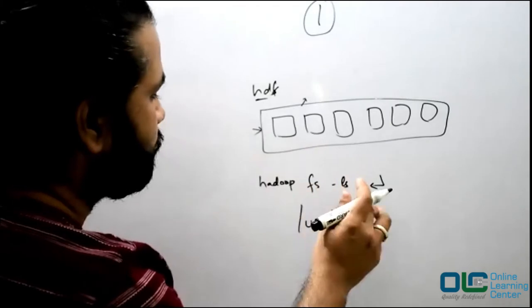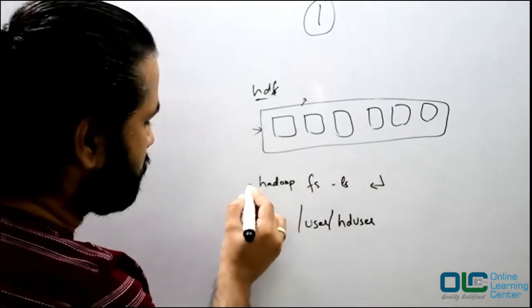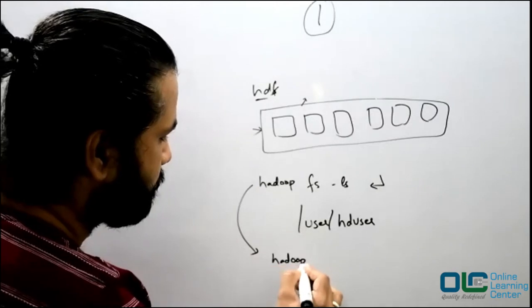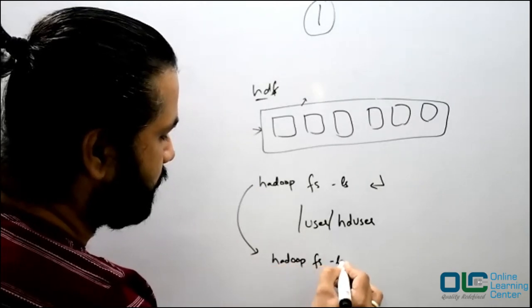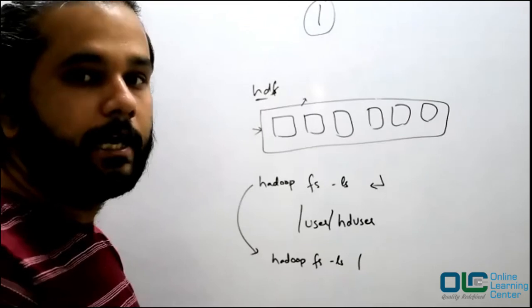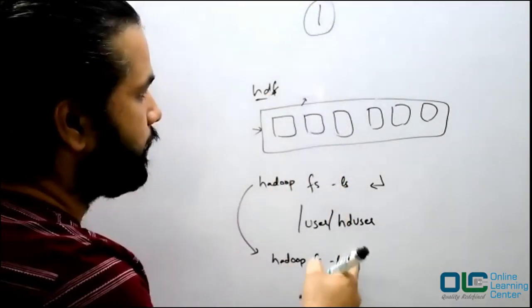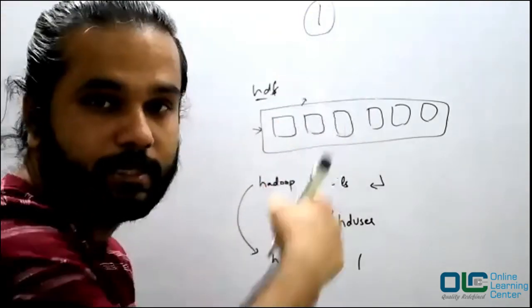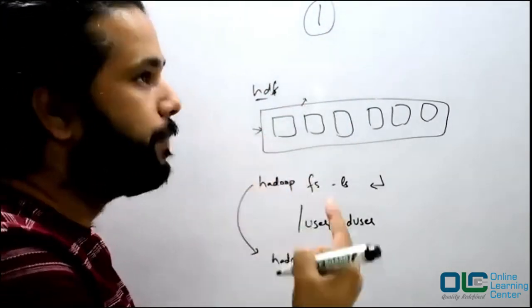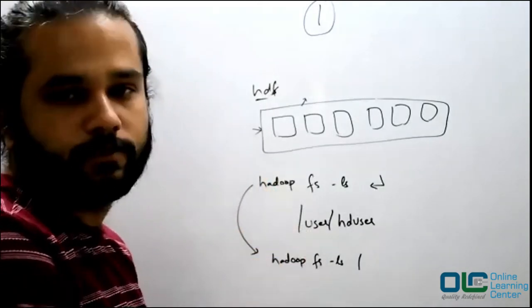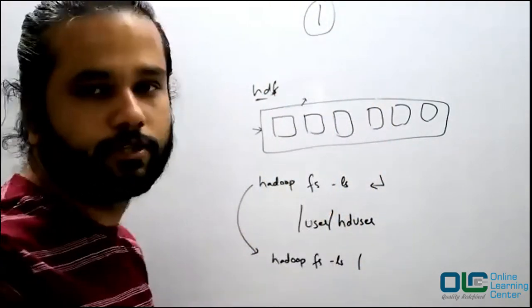Instead of this, you can also say Hadoop fs -ls /, and when you say slash, it will go and check what is the content in the slash. And what is this slash? This slash is basically the beginning of the file system in your Hadoop as well.